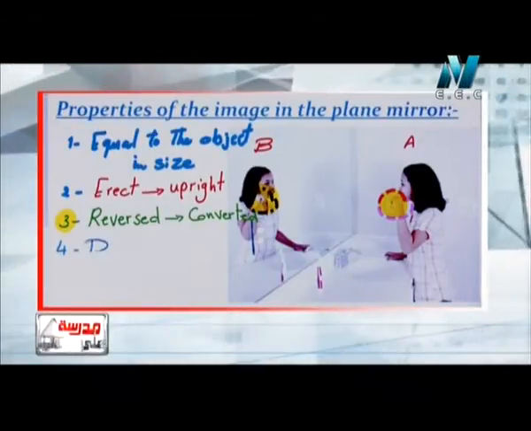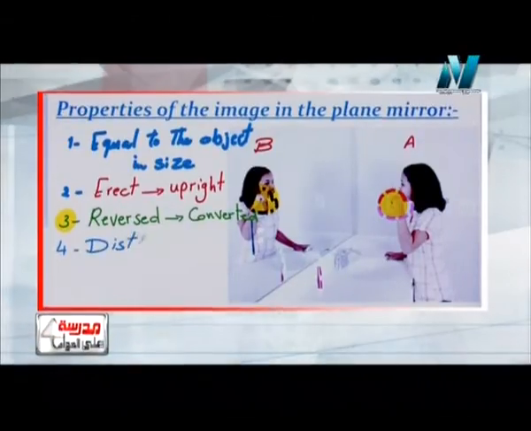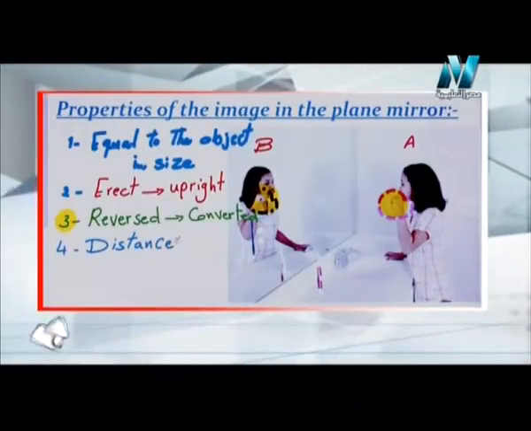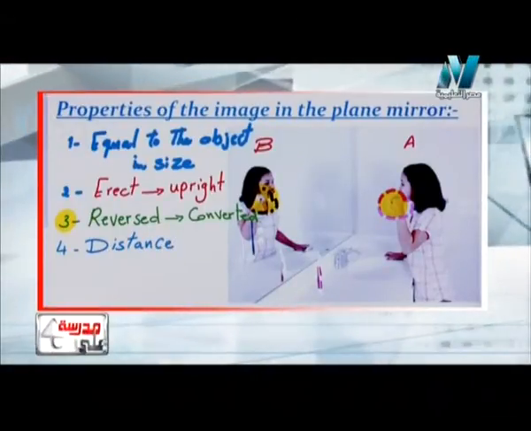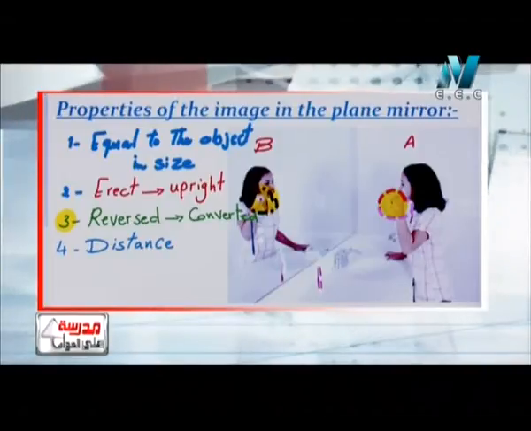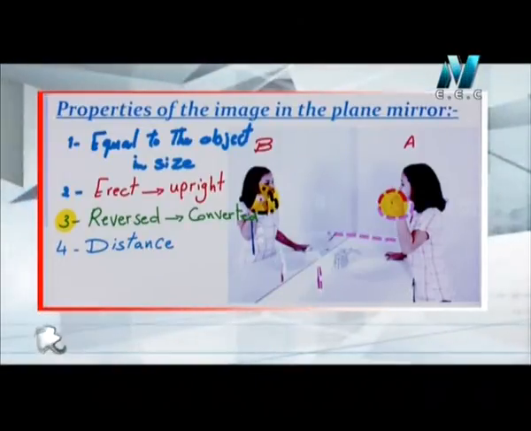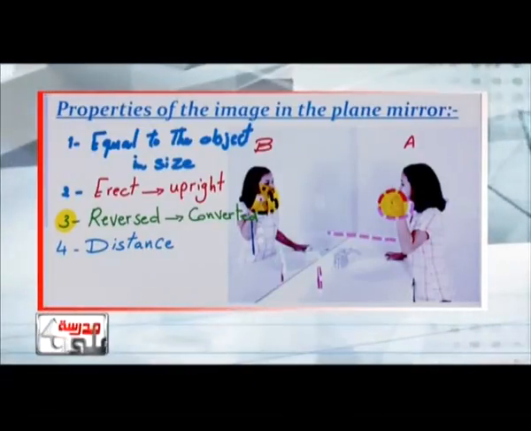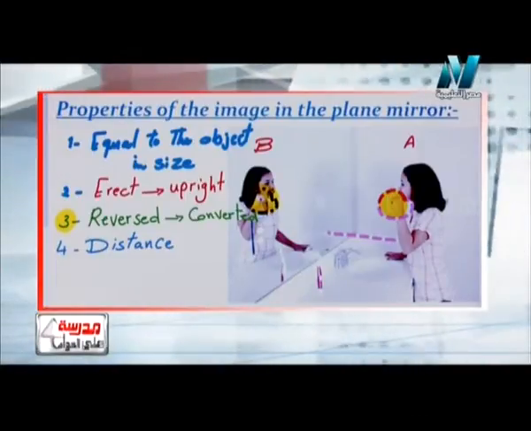Number four: the distance between the object and the mirror equals the distance between the image and the mirror.